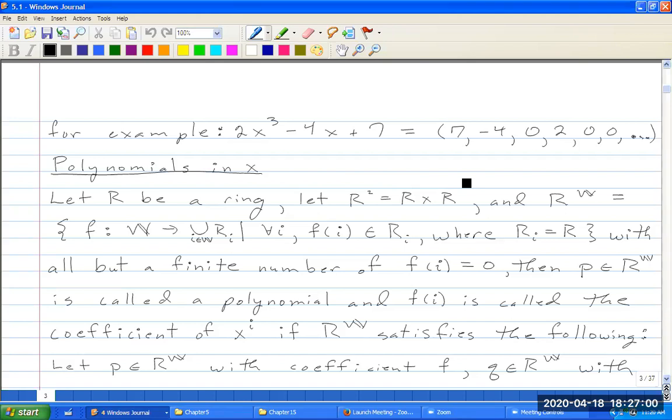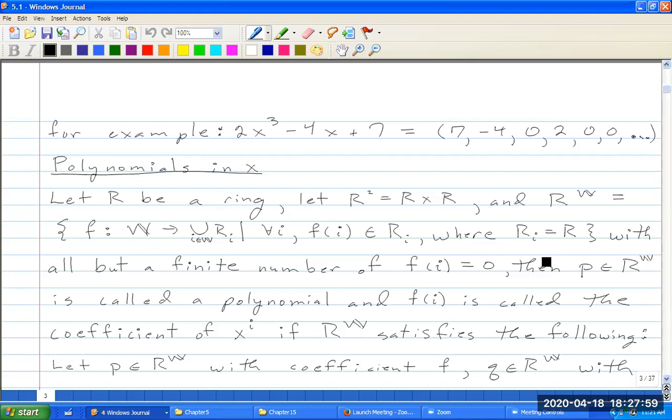And let R to the W, where this is the whole numbers, so R to the whole numbers, equal F, such that F is a function from the whole numbers to the union of R sub I, where I is a whole number, so it's an infinite number of these, such that for every I, F at I is in R sub I, where R sub I is just R, with all but a finite number of F at I's equaling 0. So it's the sequence idea here.